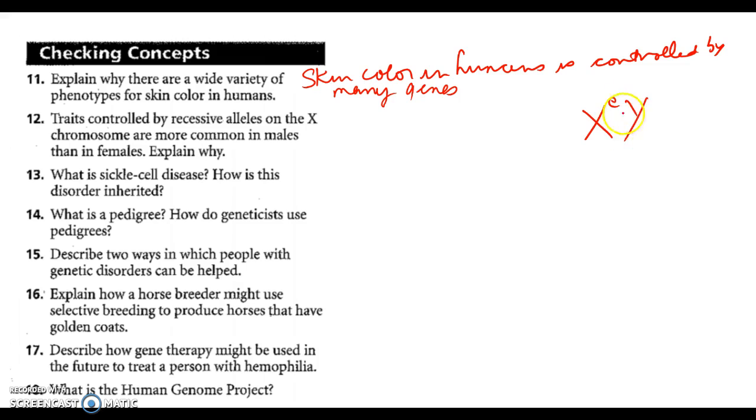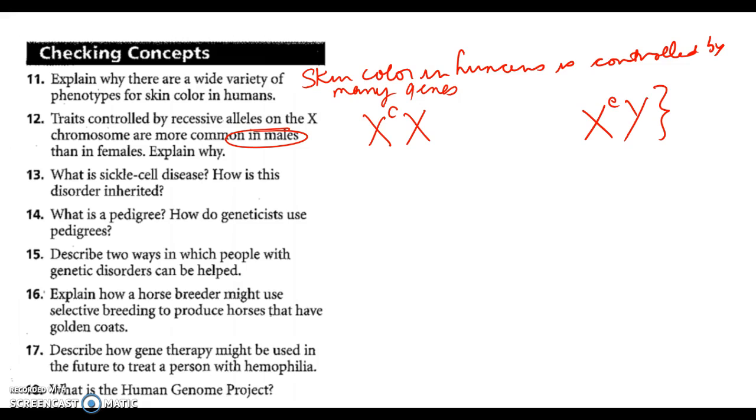So he ends up expressing that recessive trait. Whereas the woman, if she has an X with that recessive allele, her second X, if it didn't have that recessive allele, could mask the recessive one. So traits controlled by recessive alleles on the sex chromosomes are always more common in males than females.